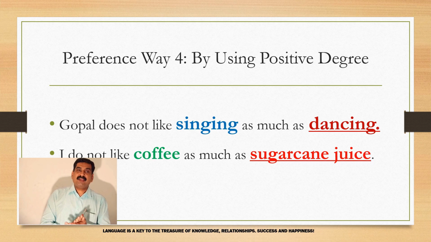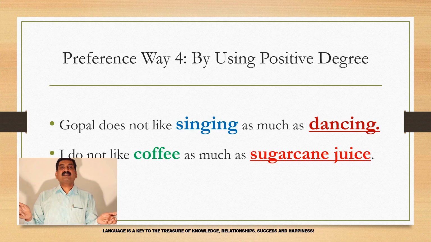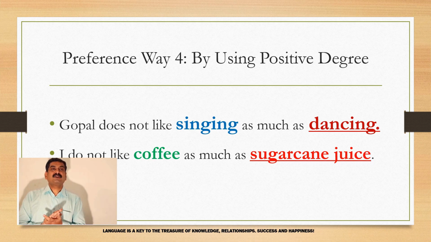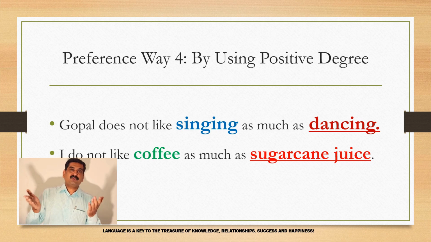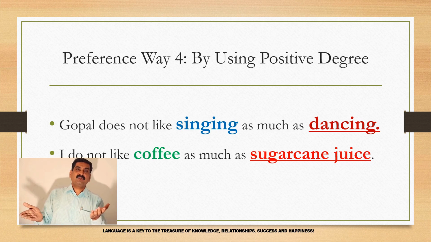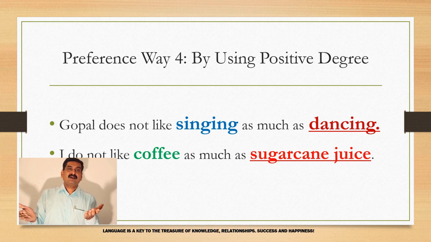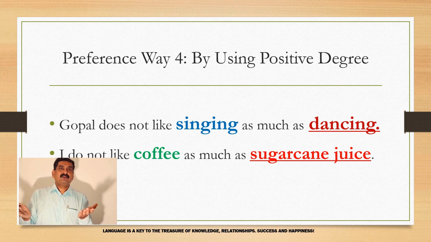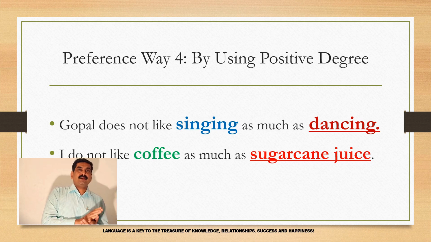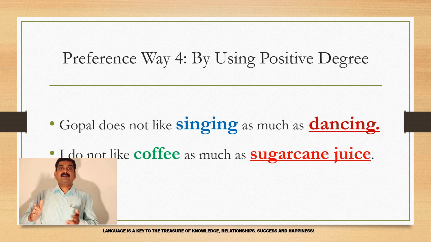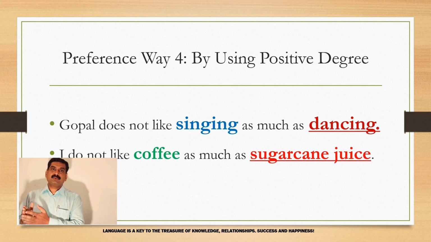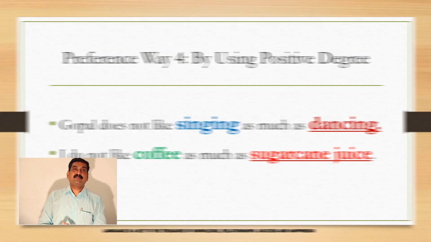I do not like coffee as much as sugarcane juice. Here there are two things, sugarcane juice and coffee. So I do not like coffee as much as sugarcane juice. So sugarcane juice is given preference.